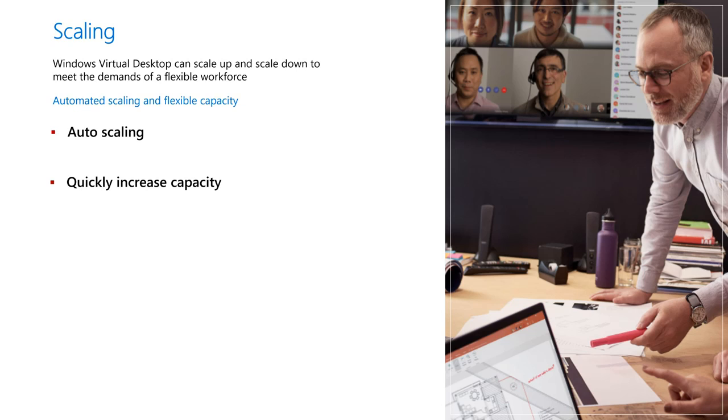Once we're finished, if that new capacity is no longer required, then we can easily just remove it. So there's no upfront investment required for hardware to meet these kinds of demands. And afterwards, there's no wastage because you haven't purchased hardware which is no longer required after the project's finished.